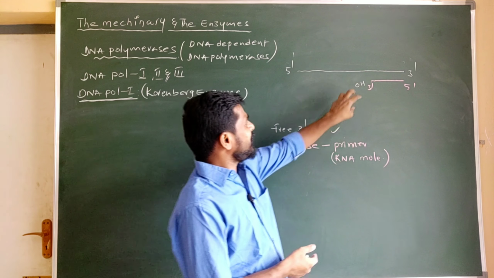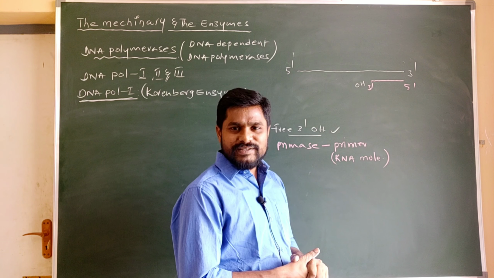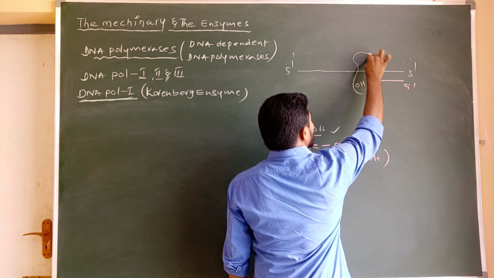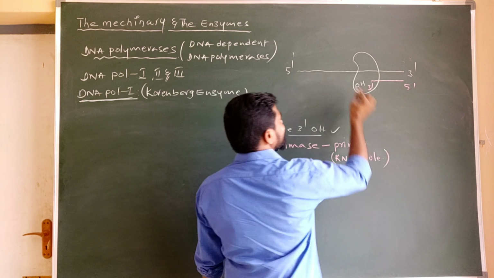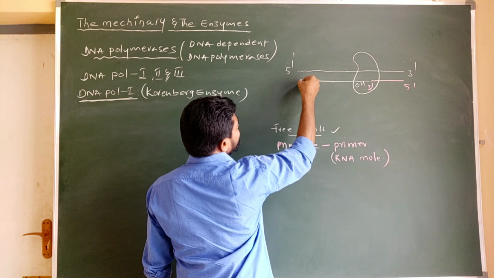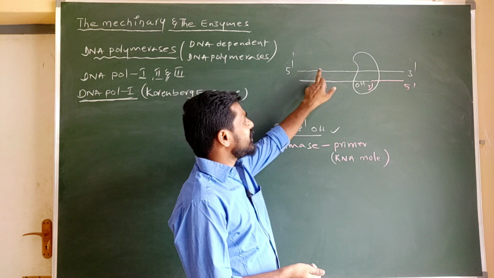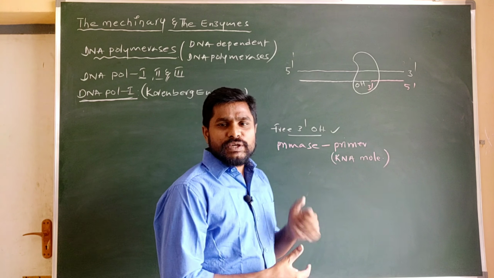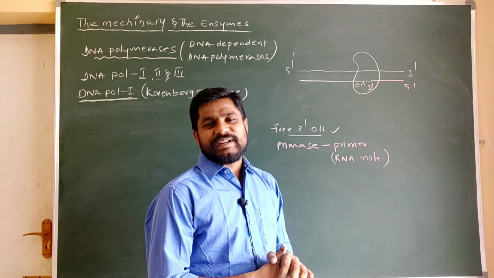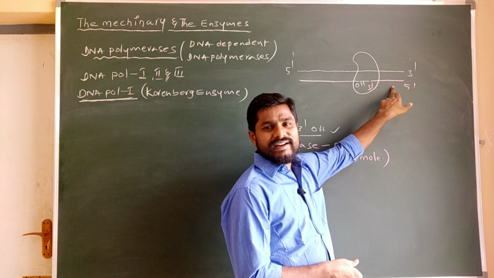Whenever this free 3' hydroxyl group is provided by the action of primase, DNA polymerase 3 comes into action and polymerizes the nucleotides according to the sequence of nucleotides present on the template DNA strand. Here the question is, the DNA must have deoxyribonucleotides, but here the DNA is having RNA.